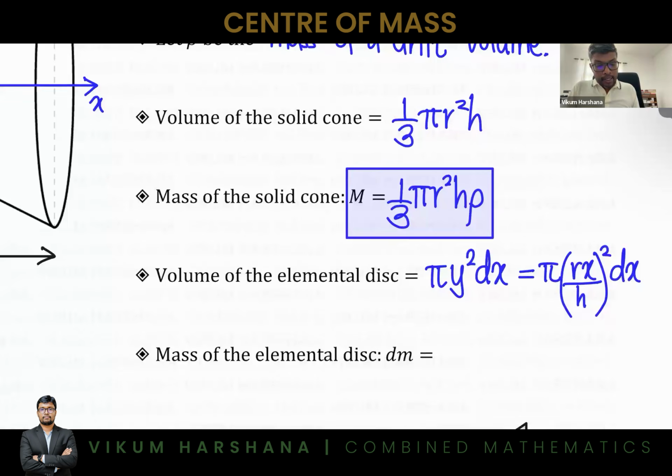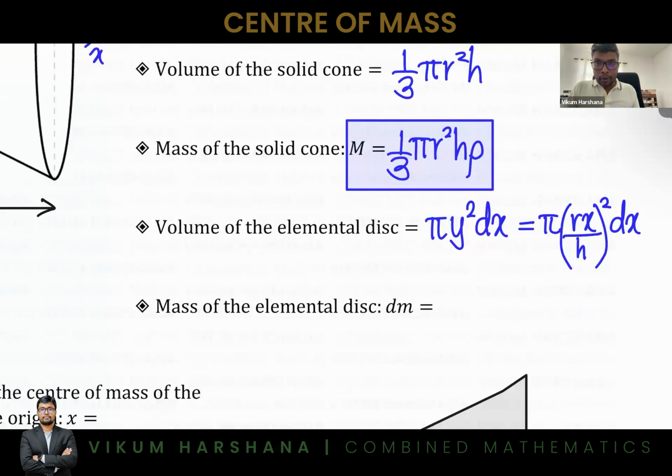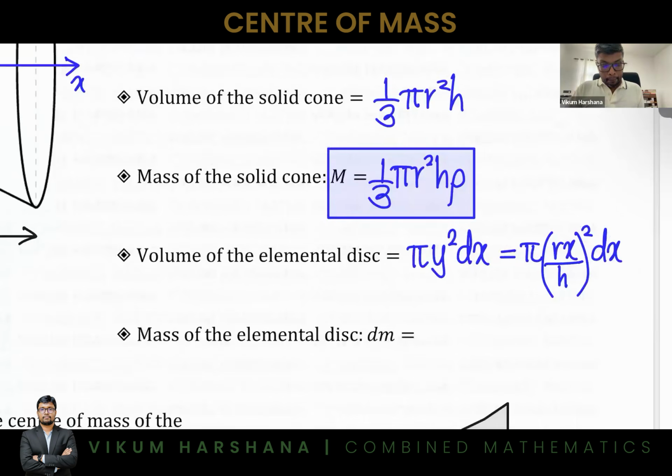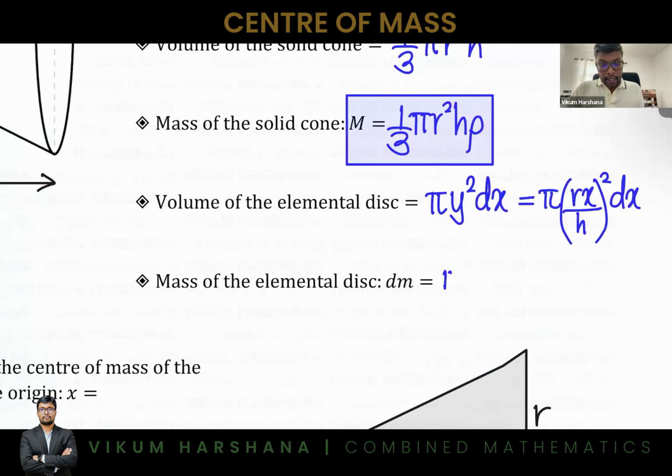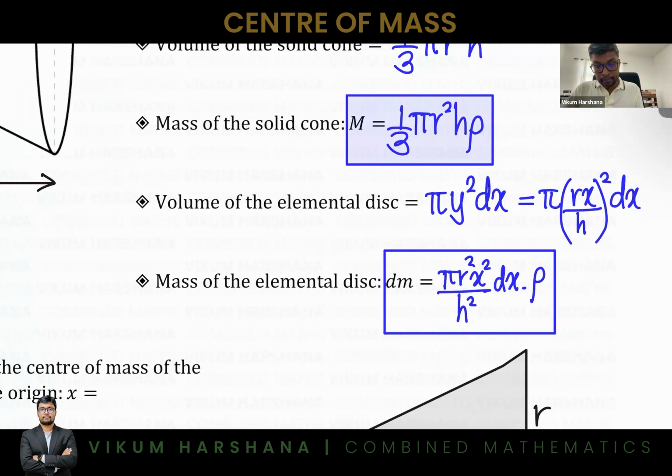Now since we have the volume, let's multiply it by rho to make it mass, right? So pi r squared x squared over h squared dx, that's the volume of the elemental disk, then multiply by rho again to make it a mass.